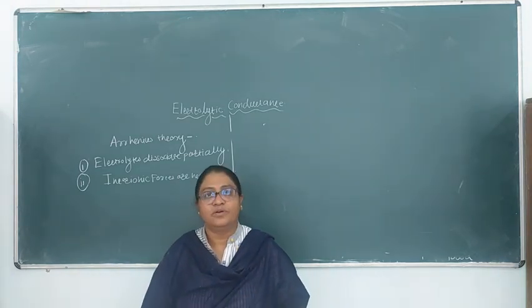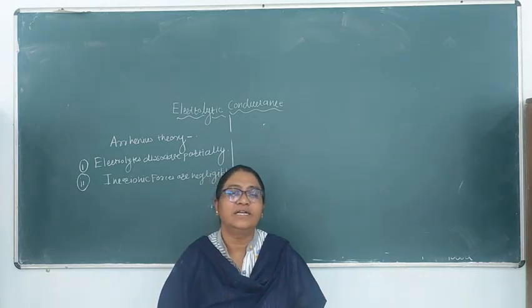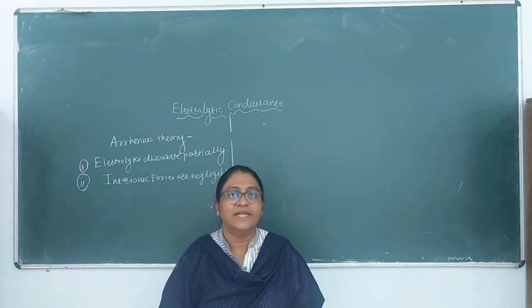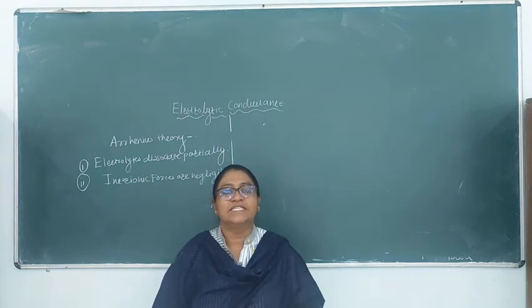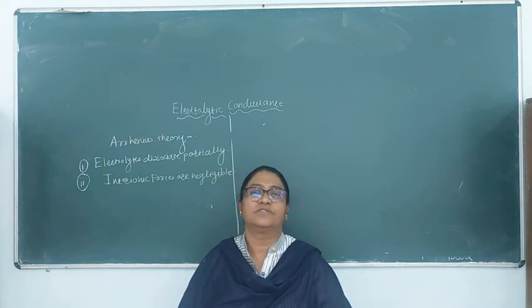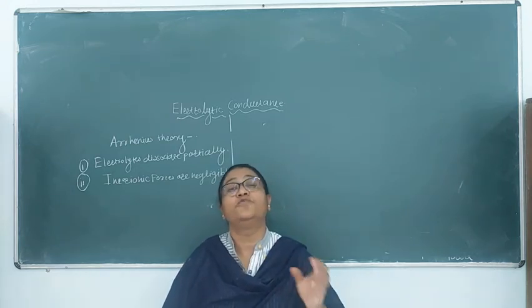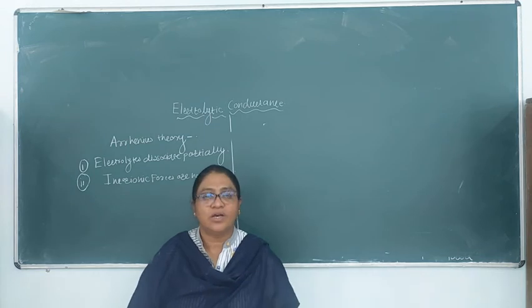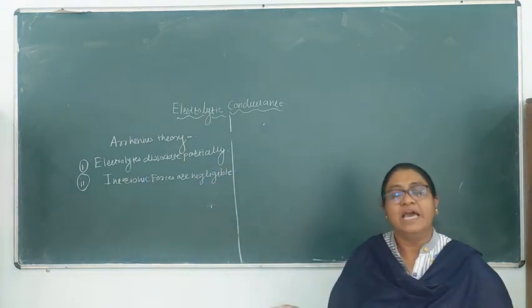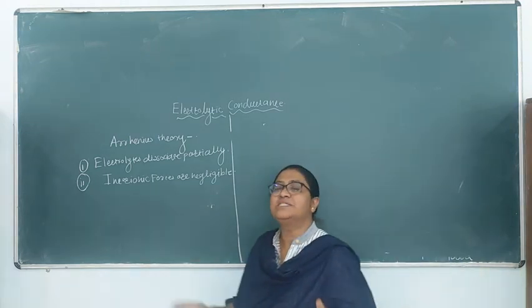And therefore, for the variation of conductance with concentration for the strong electrolyte, we have to consider the interionic attractive forces, because the strong electrolyte dissociates almost completely and a large number of ions are formed.